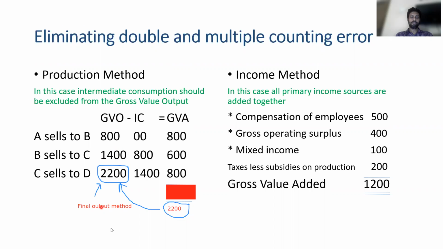If we add all these together, like output of B, 800, plus output of C, 1,400, then output of D, 2,200, the value is overstated. Overstated by 4,400. It is completely wrong.